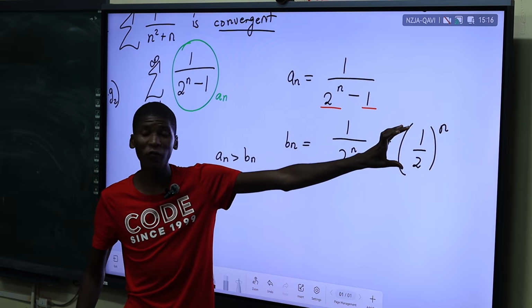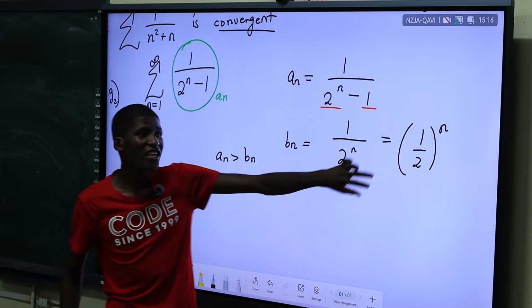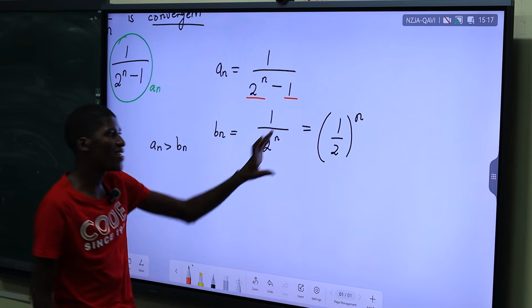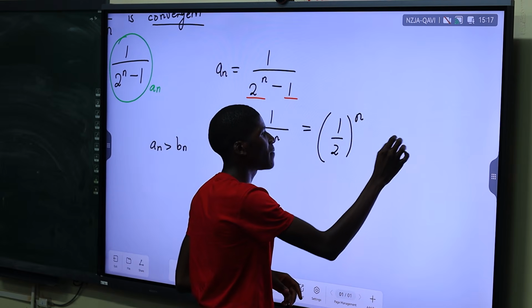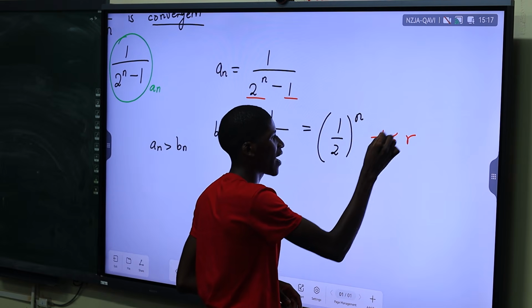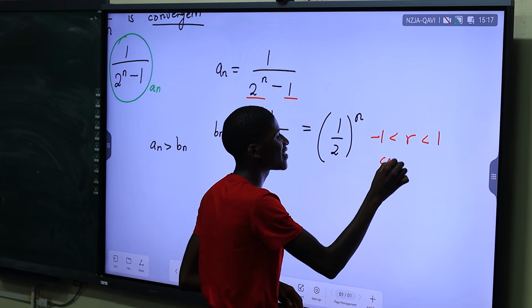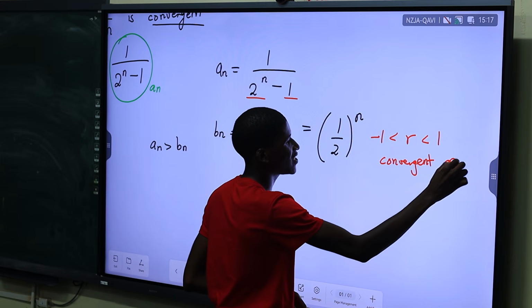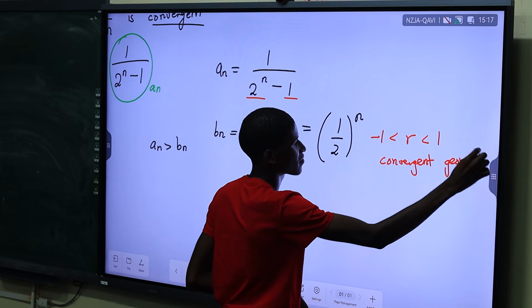So this is the ratio for your geometric series. This ratio of 1 over 2 falls between minus 1 and 1, indicating that this is a convergent geometric series.